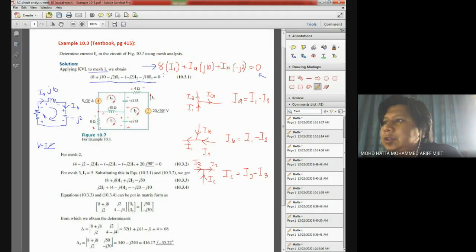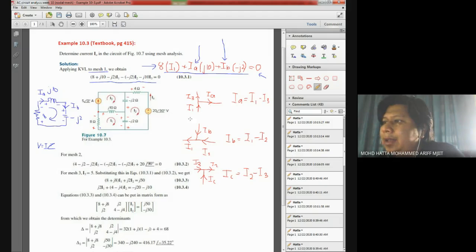So we start from this basic equation for the first mesh. Now I try to find the definition of IA and IB, because I know IA and IB are not I1. They are a combination of two currents.